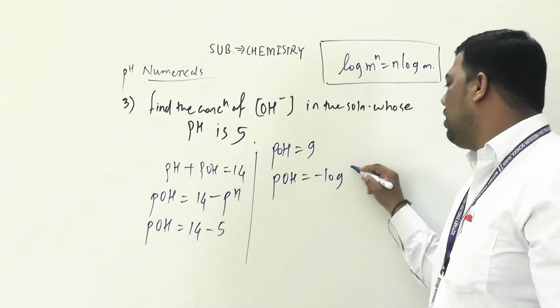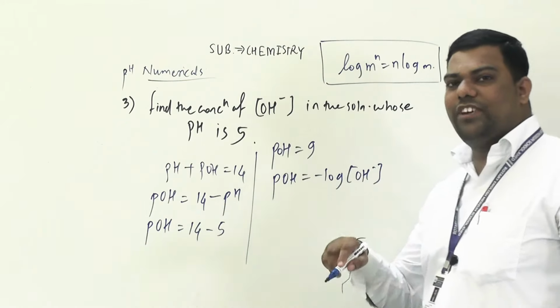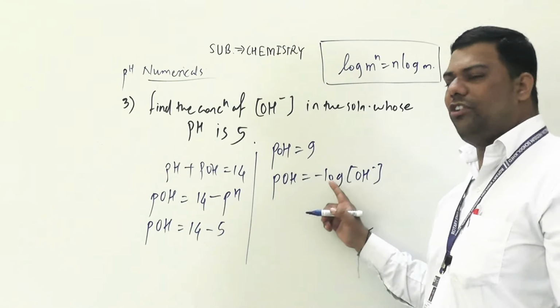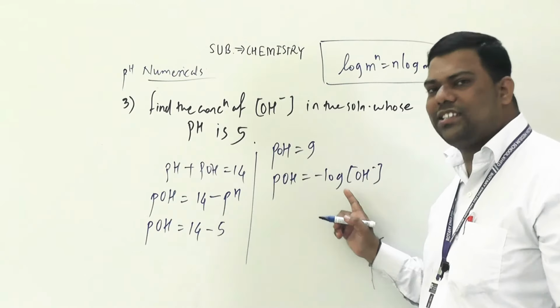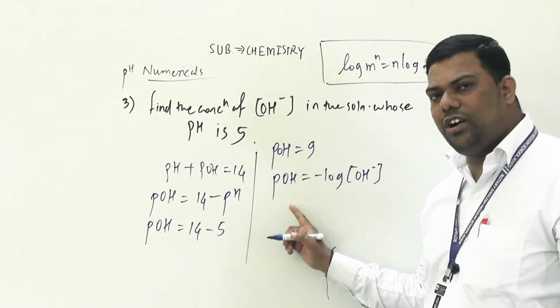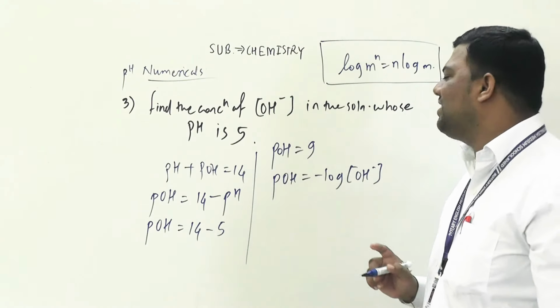pOH is the negative logarithm of the concentration of OH minus ions. When we wrote pH, it was equal to the negative logarithm of the concentration of H plus ions. Whenever we have to calculate pOH, it is equal to the negative logarithm of the concentration of OH minus ions.